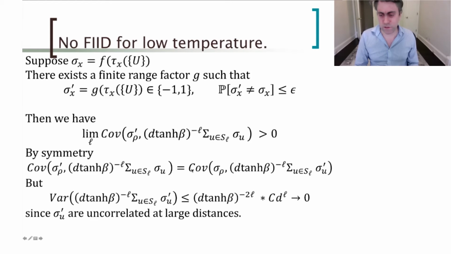And so this means that this covariance must tend to 0, and so it gives a contradiction to there being a factor of IID. Okay. So there's a factor of IID when it's high temperature. There's no factor of IID when it's low temperature.